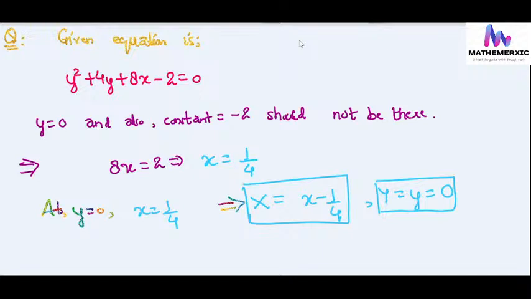So let the origin be shifted to h, k, that is fine. X is equal to x plus h, okay. Substituting in the equation, for this equation to be free from term y and k is equal to 0.